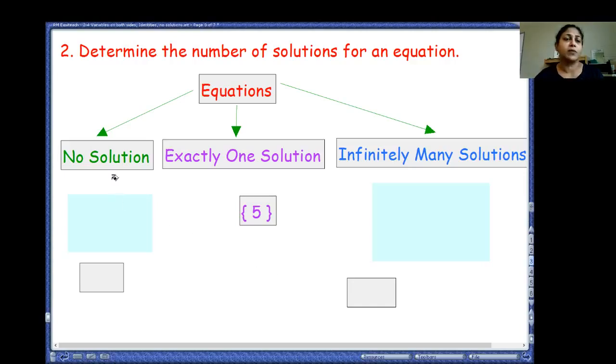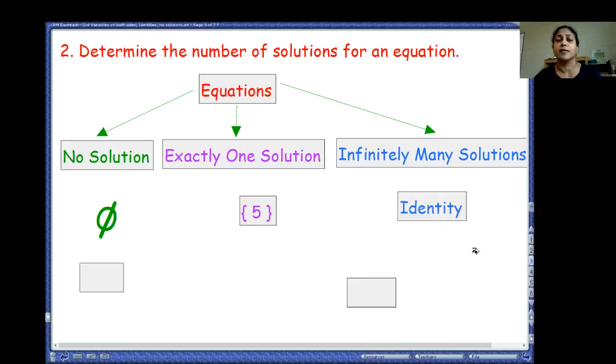However, sometimes when your equation has no solution, like the one we did before, we use the symbol which symbolizes that there are no answers to this problem, no solution. And sometimes when we find that an equation has infinitely many solutions, that means every real number solution works, we can say that that equation is an identity.